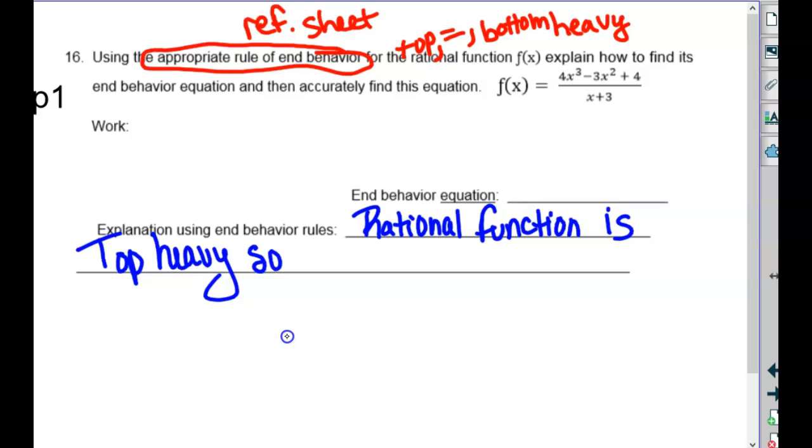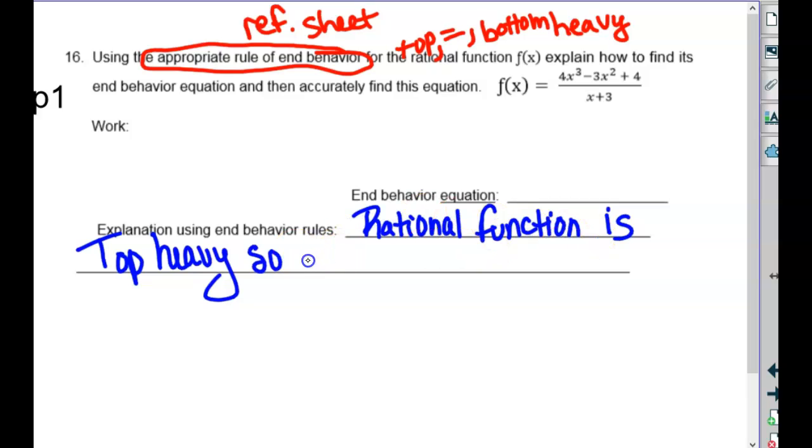Anybody have a reference sheet? It says there are no horizontal asymptotes. You must find either an oblique asymptote or other end behavior function. See below. End behavior function. You find the quotient polynomial ignoring the remainder. Okay?